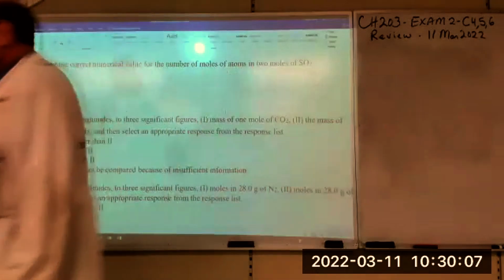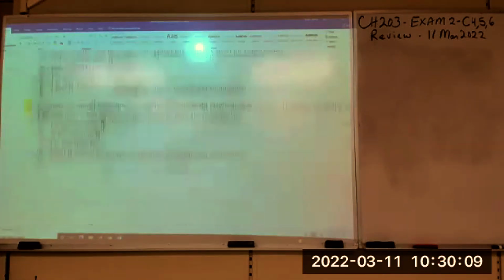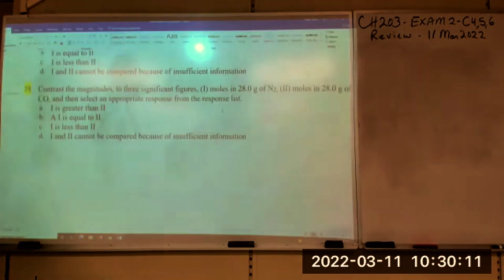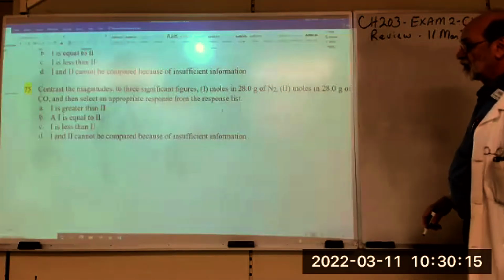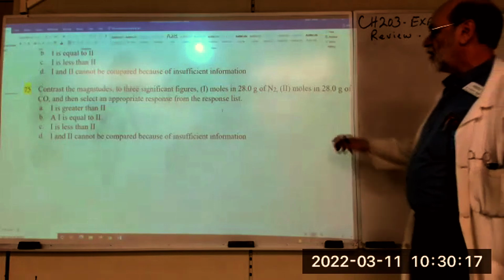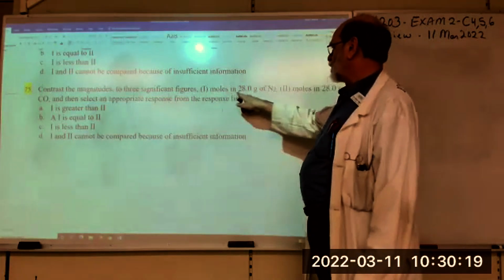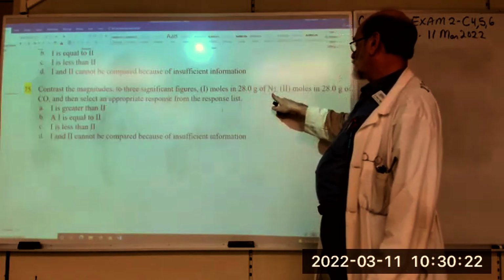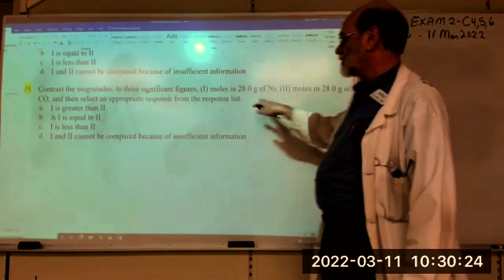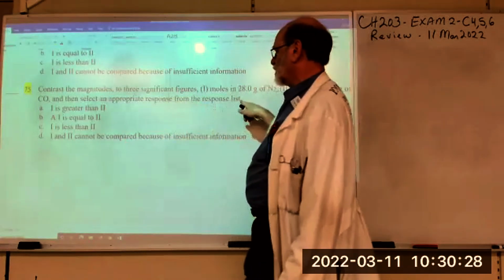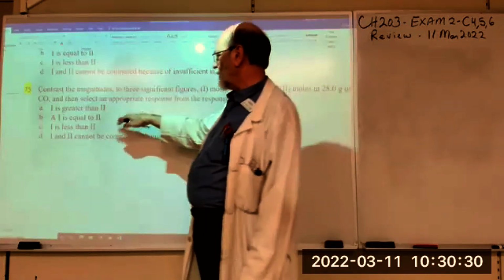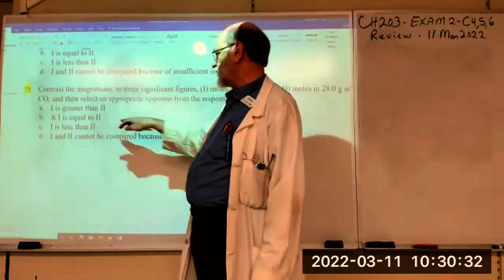75. Contrast the magnitudes to 3 significant figures of Roman numeral 1, moles in 28 grams of nitrogen, and Roman numeral 2, moles in 28 grams of carbon monoxide, and then select an appropriate response. 1 is greater than 2, 1 is equal to 2, 1 is less than 2.